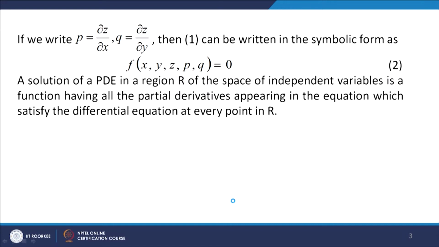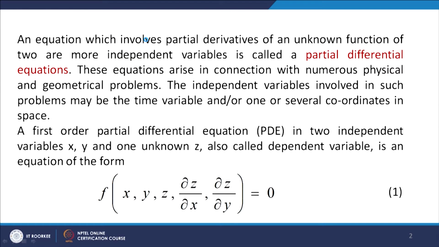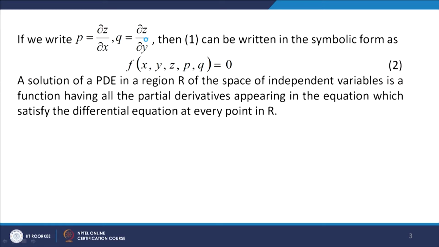If we write p equal to ∂z/∂x and q equal to ∂z/∂y, then equation 1 can be written as f(x, y, z, p, q) = 0.